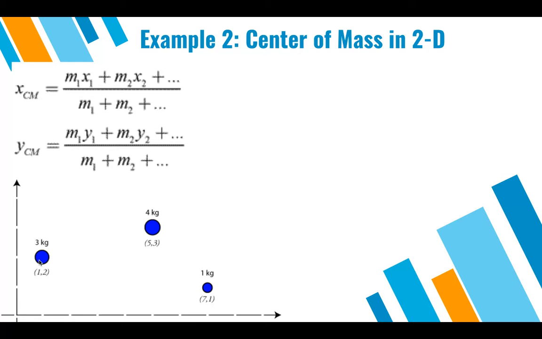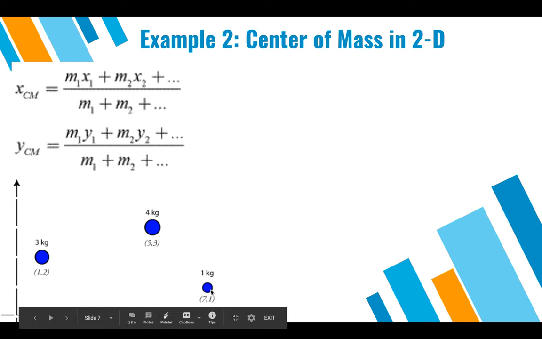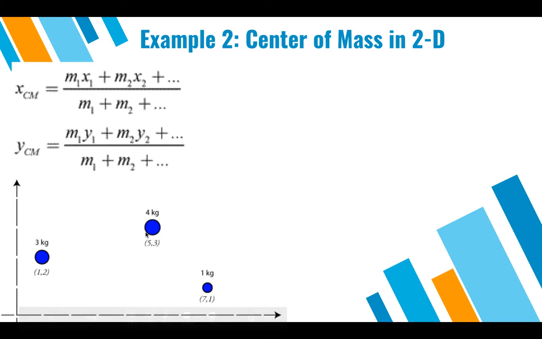Here's our second most massive object, but we do have mass below or to the right of these 2 objects. So center of mass is probably going to be somewhere around here, closer to the 4 kilogram mass, but takes into account that there is a 1 kilogram mass that has a significant x position. Let's do the calculation and we'll see.